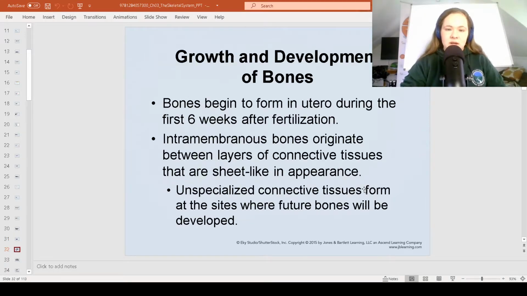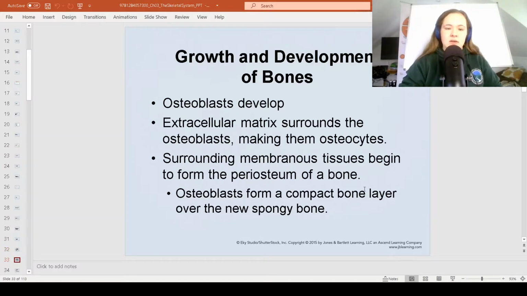Growth and development of bones. Bones begin to form in utero during the first 6 weeks after fertilization. Intramembranous bones originate between layers of connective tissue that are sheet-like in appearance. Unspecialized connective tissues form at the sites where future bones will develop. Osteoblasts develop.